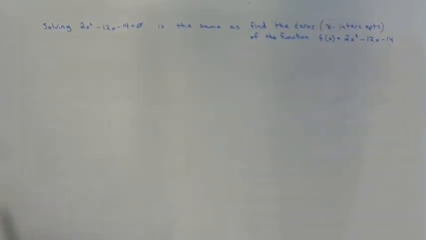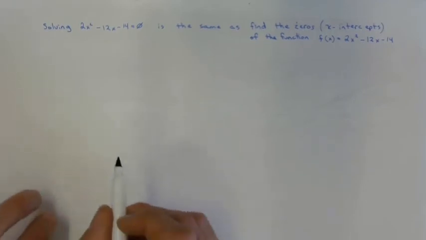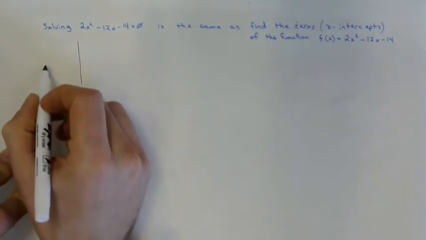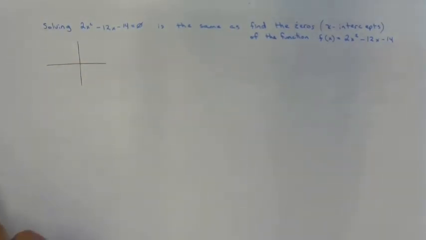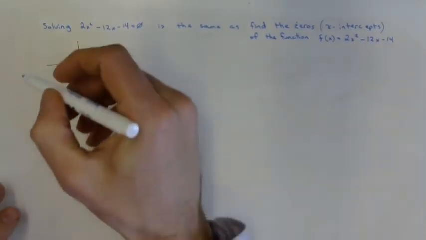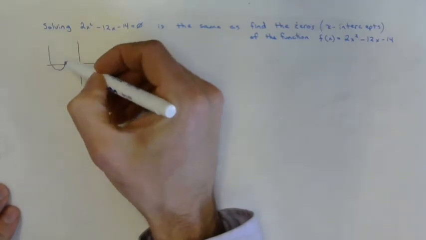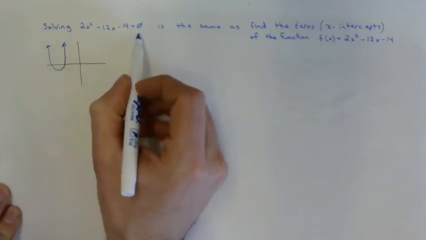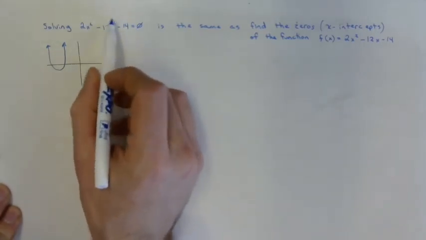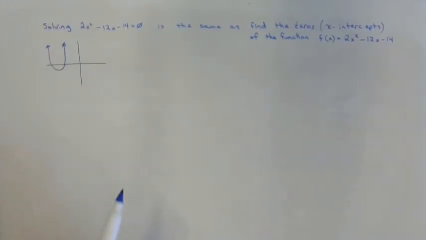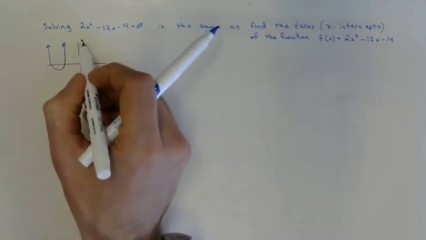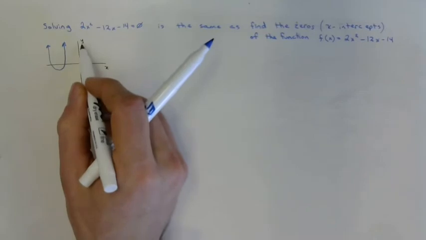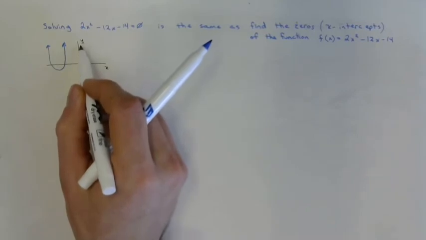I'm going to draw that out for you. You don't necessarily need to do this if you need help, but I'm going to draw it out anyway. So there's a little graph, a little grid. When we are solving this equation, we're finding out where this function equals 0. Where something equals 0 relates to its y values. You're finding the x values that cause the y values to be 0.